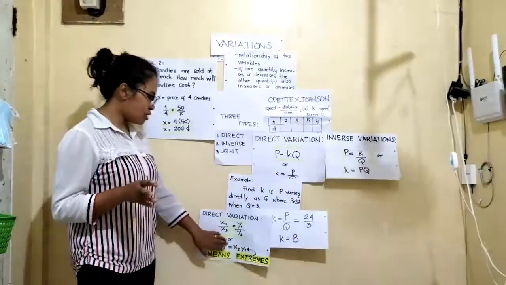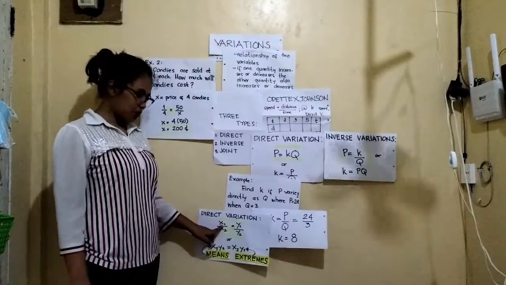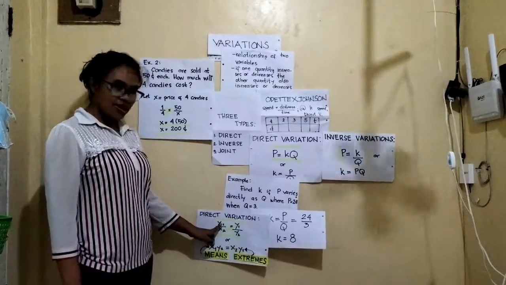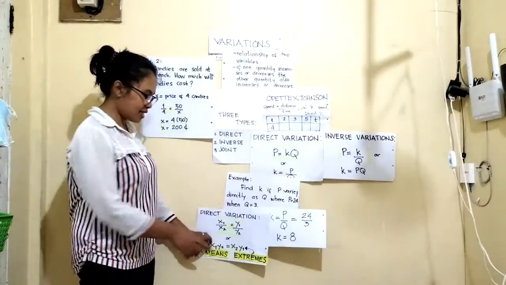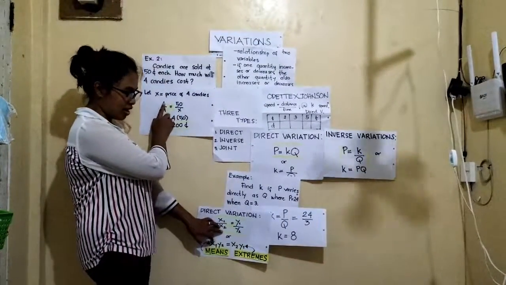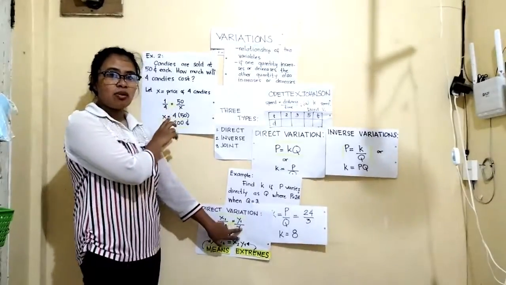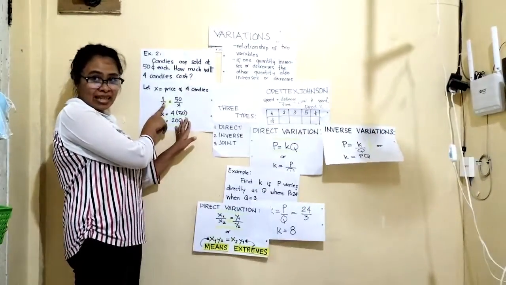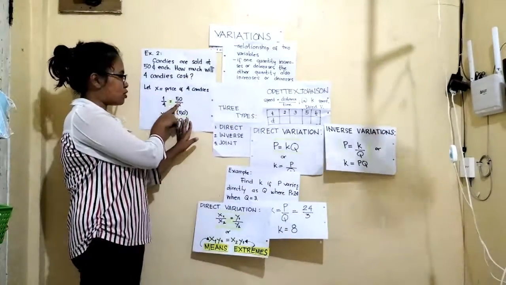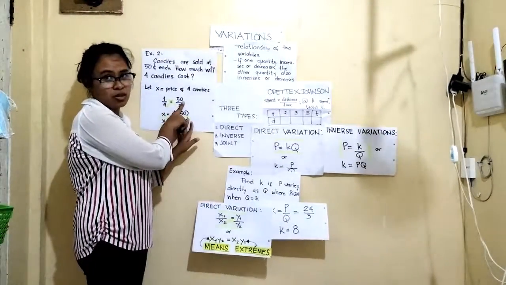So, by using this formula, we have to identify the first quantity over the second quantity of candies. X are the candies, they are here. And Y sub 1 are the prices, right? So, for 1 candy, it is equal to 50 centavos. And for 4 candies, how much are we going to pay?